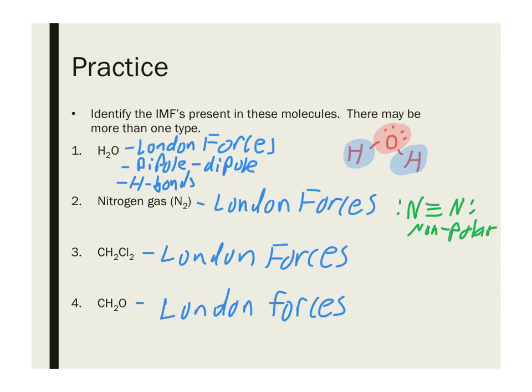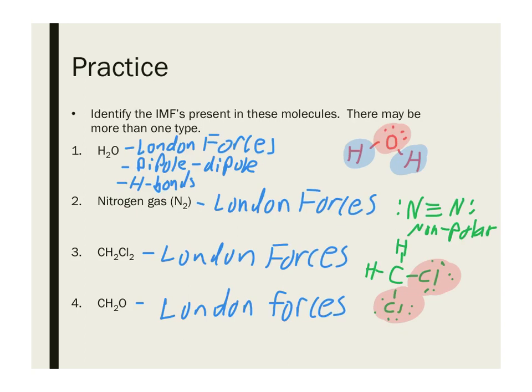Dichloromethane, CH2Cl2, is a fun little compound. It looks like this, with H's and Cl's, and the Cls each have 6 dots. All right, if we look at this, the Cls have a lot of electrons.